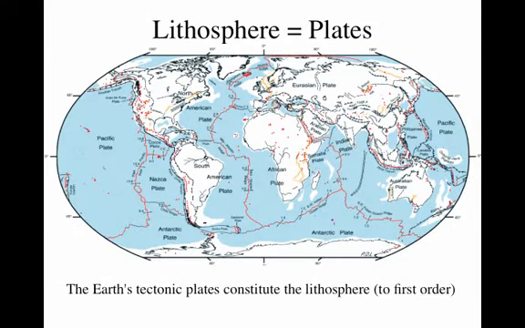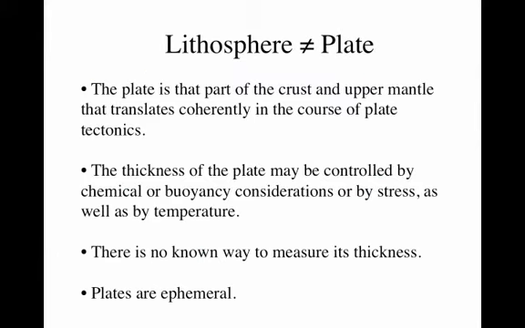Now, to the first order of things, the lithosphere is equivalent to the tectonic plates because the plates form the rigid outer crust of the Earth and are riding on that plastic asthenosphere that underlies the lithosphere. But there are some aspects where the lithosphere is not equivalent to a tectonic plate.